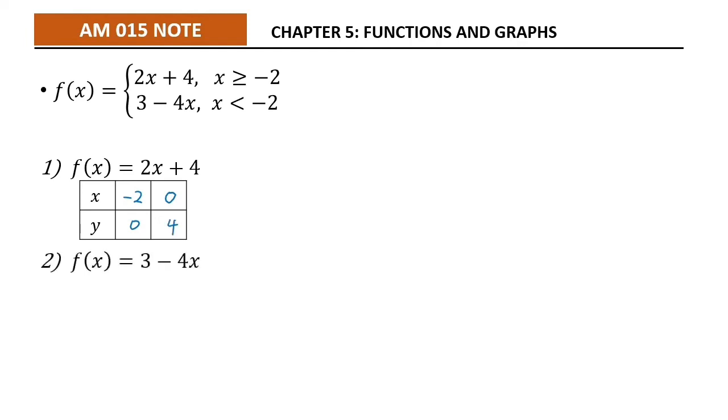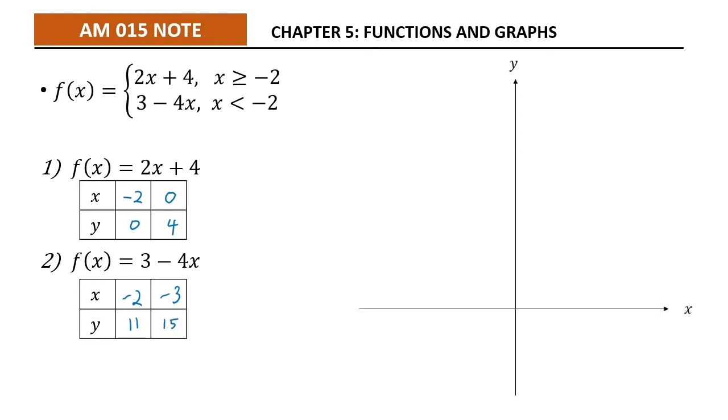Then the other one, f(x) equal to 3 minus 4x, also linear, we need 2 points. Negative 2, and the other point less than negative 2 is negative 3 in the domain. So when x equal to negative 2, y equal to 11, and negative 3, y equal to 15.